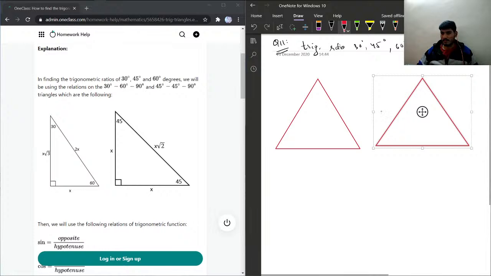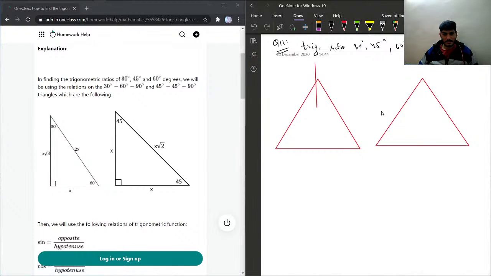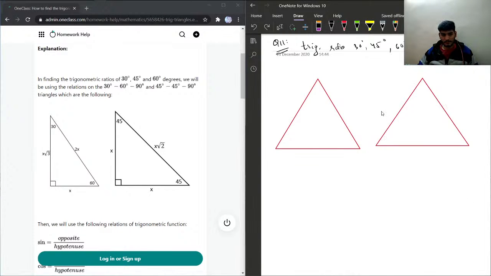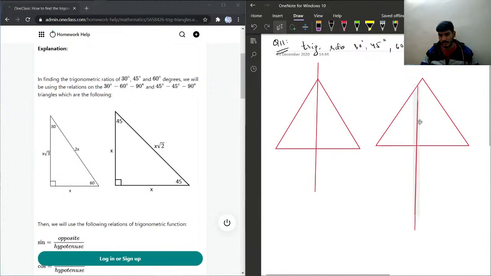And I'll draw one line, this line, and I'll copy and paste one line here.